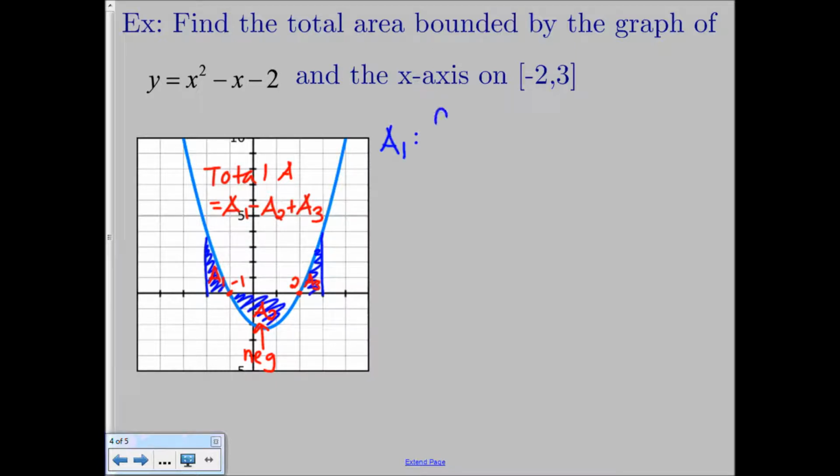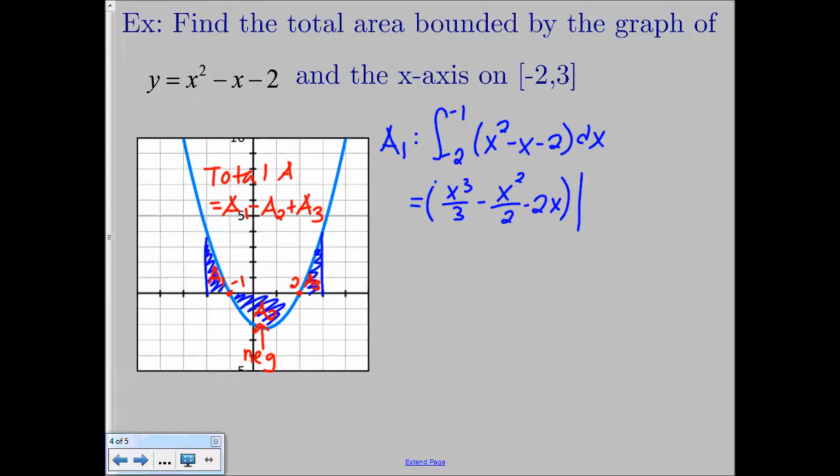So A1 is going to be equal to the integral from -2 to -1 of x squared minus x minus 2 dx. And since we already just did the same integral in the previous example, we know that its antiderivative is x cubed over 3 minus x squared over 2 minus 2x. So now all we have to do is evaluate from -2 to -1.